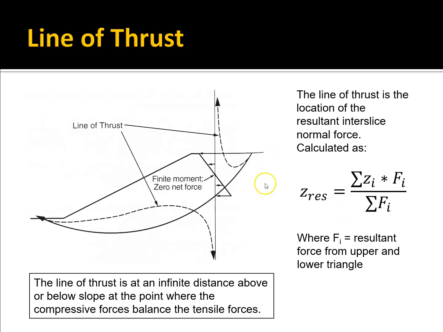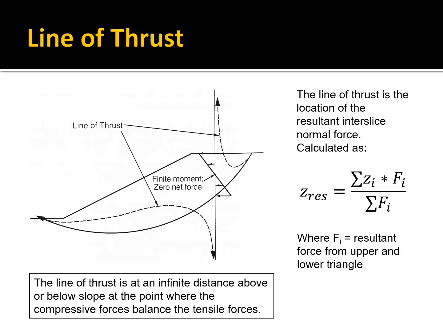And when that approaches 0, from the upper side, the resultant location becomes infinitely large. And then as you go across some threshold, it's infinitely negative, and then it'll come back. So you get this weird shift in the resultant line of thrust, as we call it.